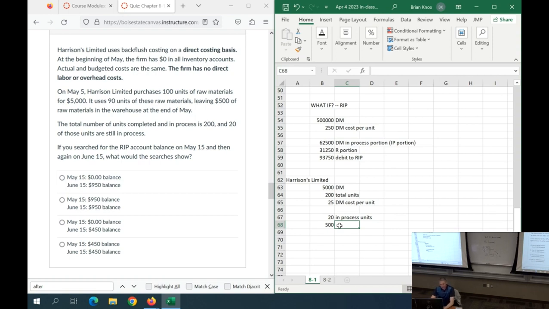I thought, well, I want to make sure I don't double count, so I used 4,500 here, and I ended up with $450 as the portion. Here's what I did. I said, well, we used 5,000, but we have 500 left over, which means I only want to include the 4,500 net of that we used this period in my numerator.